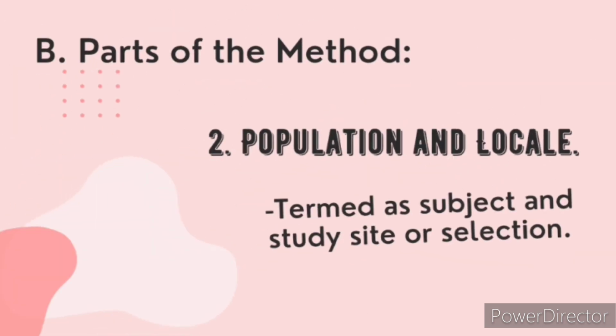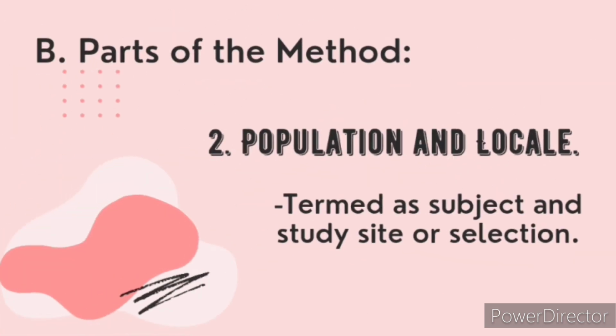Number 2, we have population and locale. Population and locale is also termed as subject and study site or selection. So, dito naman sa population and locale, ilalagay natin dito yung target population or the target number of respondents and the specific locale or setting kung saan gagawin yung research.